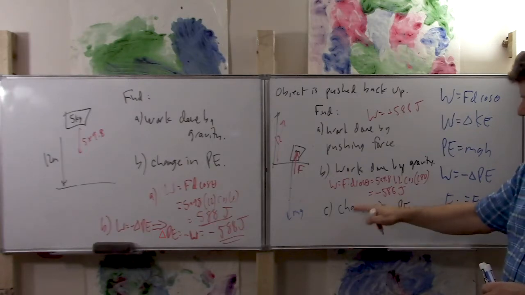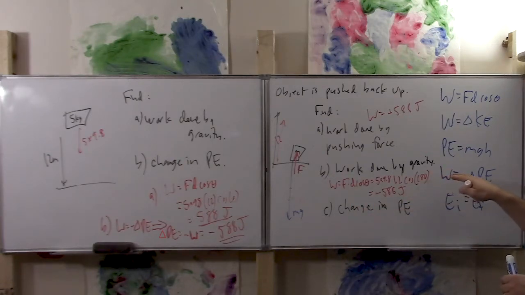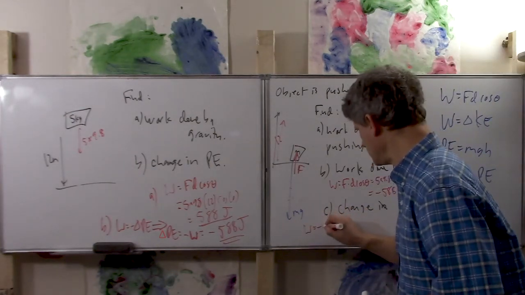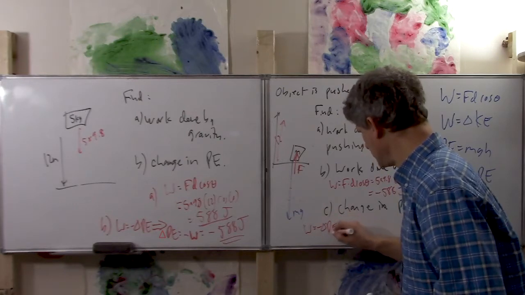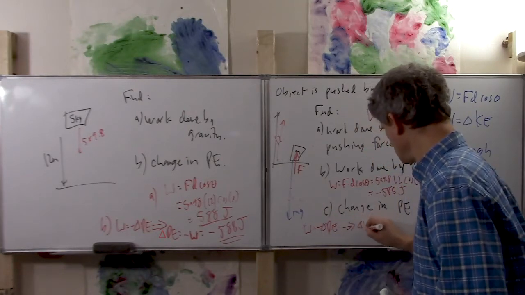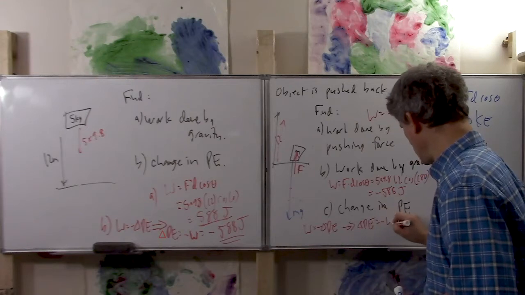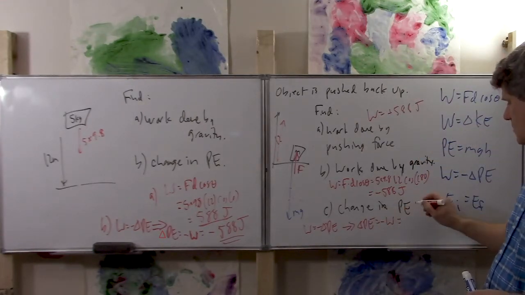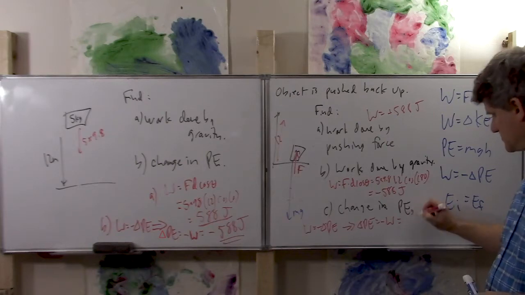So looking at part C, the change in potential energy, we can use the idea that work equals negative change in potential energy. So that means that change in potential energy equals negative work done by gravity. We have to be very careful. This is gravitational potential energy, so we could put a subscript G on there.